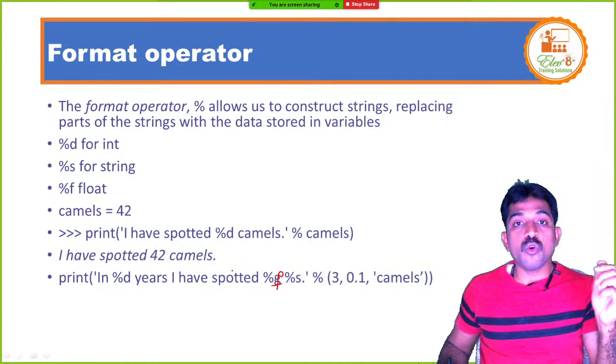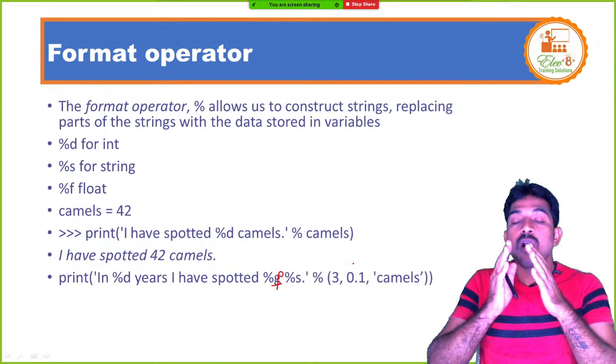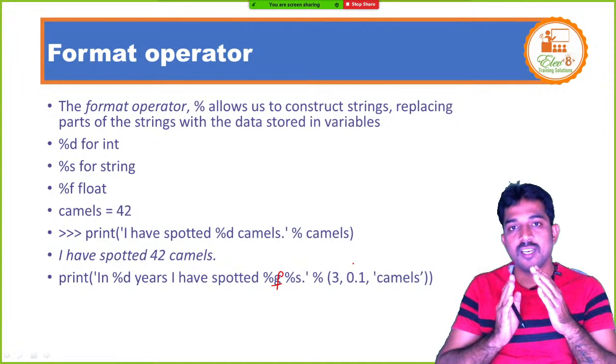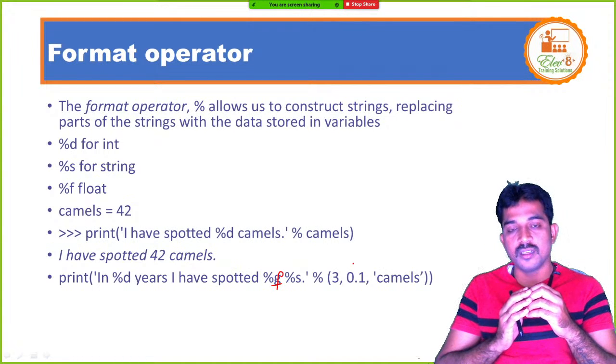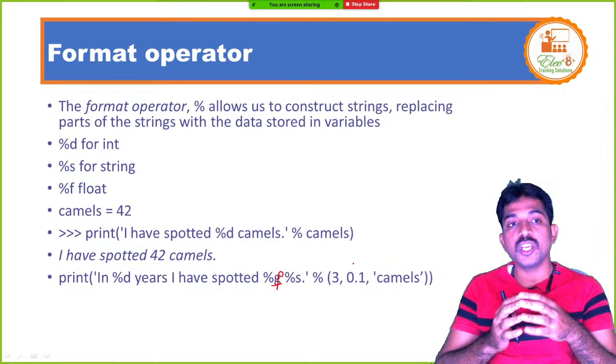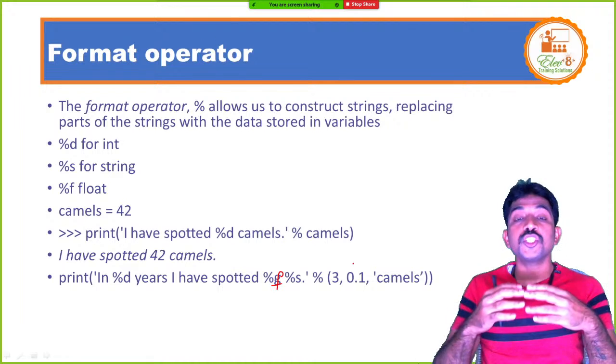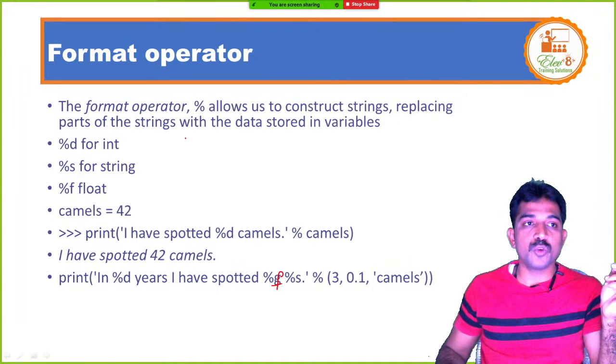If you want to print more than one variable at a time, you put all the variable names inside brackets, preceded by the % operator. By using that, you can print all the data.